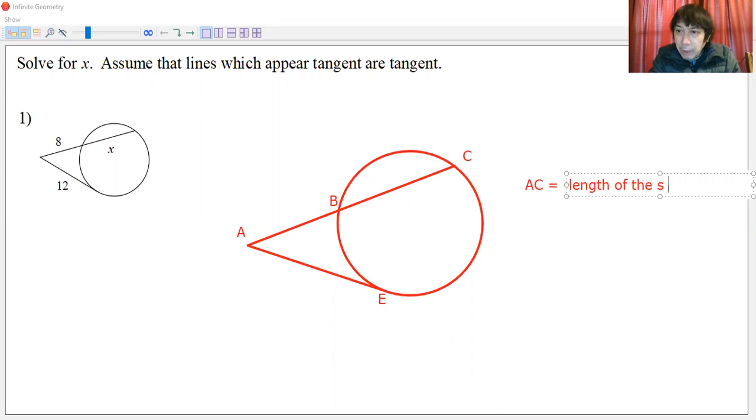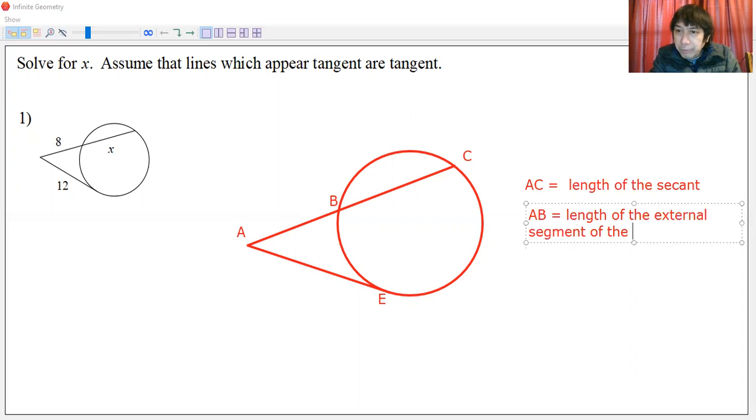The length AB is the length of the external segment of the secant. The length AE is the length of the tangent.